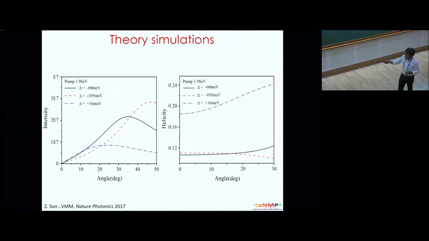And this is the theory work that was done by our collaborators, where we show where we expect the maxima in the emission intensity itself. And this is the trend for why the helicity has a dependence on in-plane wave vector. And we were able to nicely reproduce what happens at plus 16 meV.